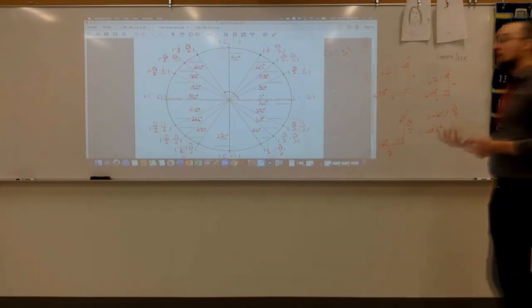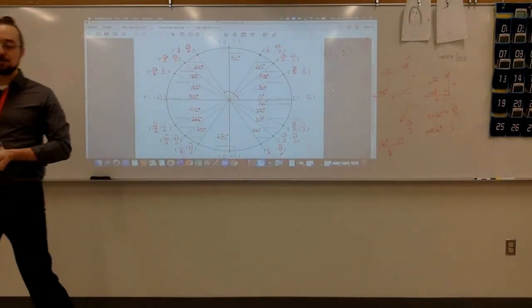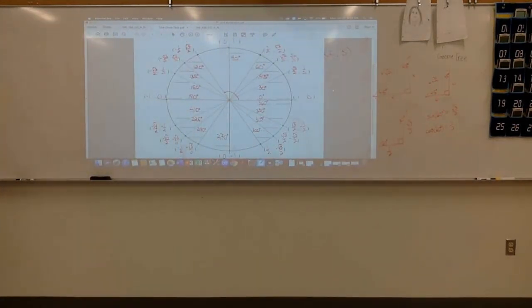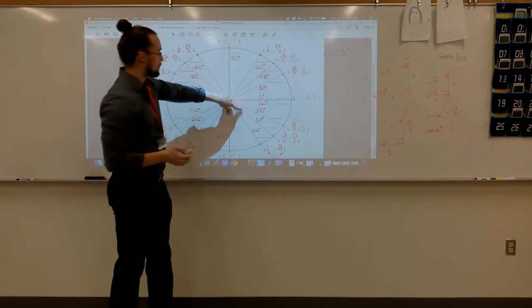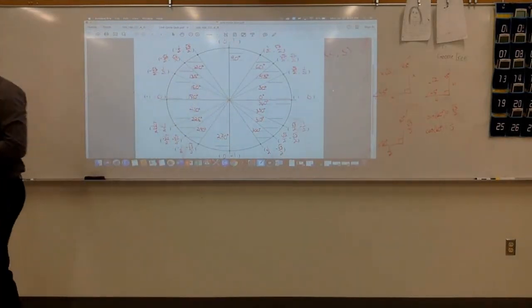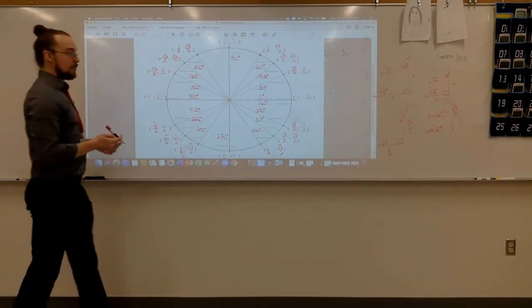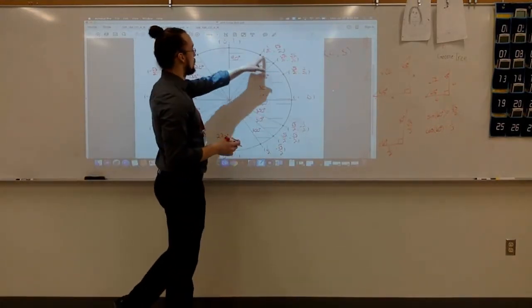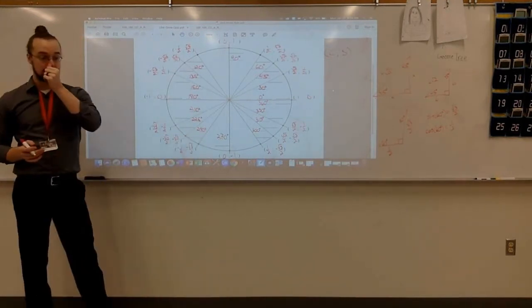Now, the only other thing left to fill in for each of these values is the radian measurements of these angles. We've talked about converting between degrees and radians and using radian measures already in the first few sections. So we also want to be able to fill in the radian measure of each angle.